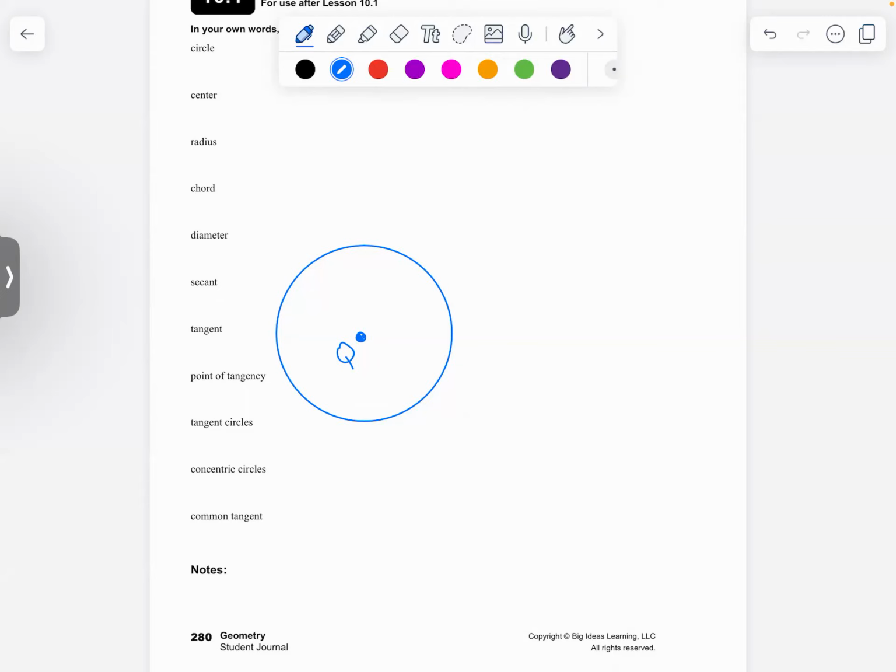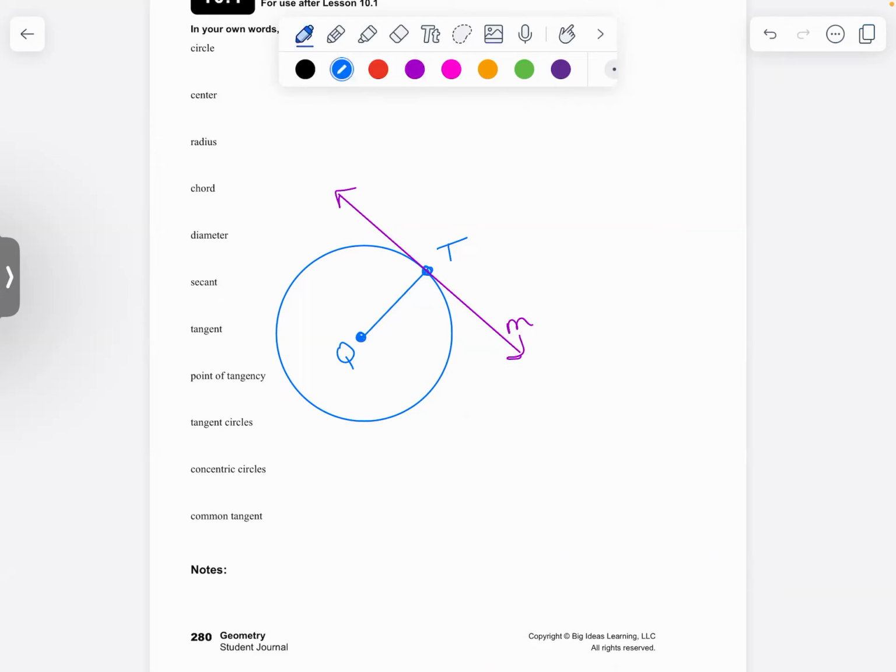So what I'm going to draw, I am going to draw a radius QT. And I'm going to draw a tangent line. Okay.